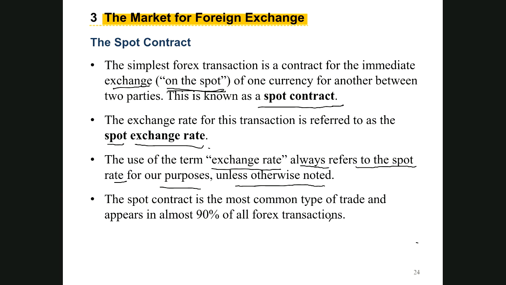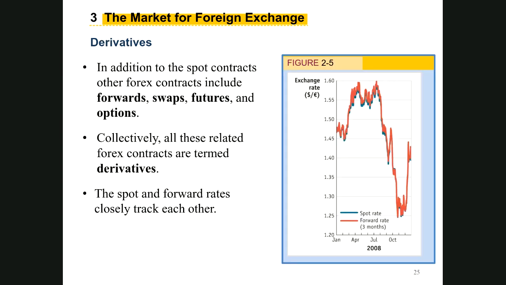The spot contract is obviously the most common type of trade, and it accounts for 90%. The rest of the contracts relating to the foreign exchange market are called derivatives. The examples that the book shows are 4 different kinds: forwards, swaps, futures, and options.